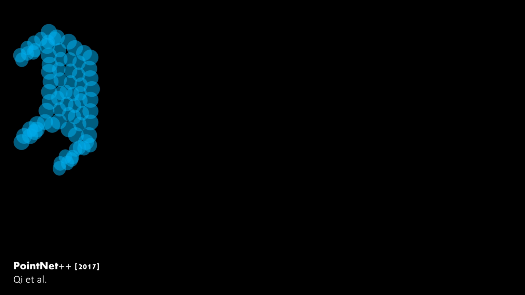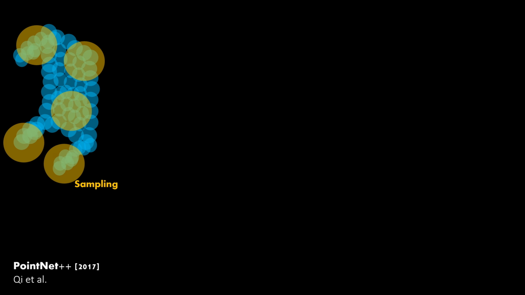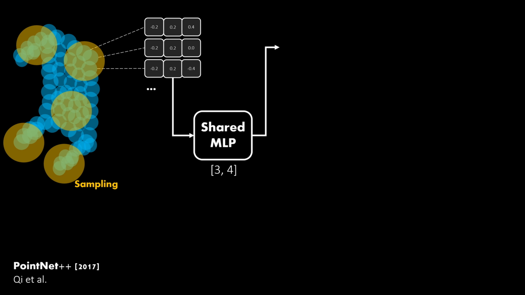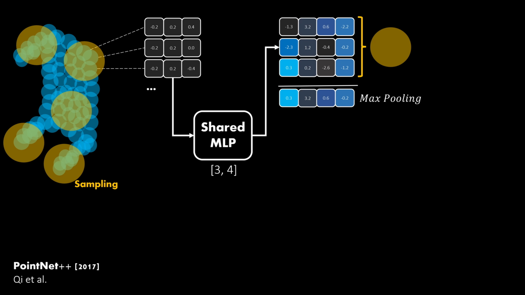The method begins with an algorithm called farthest point sampling to choose a subset of starting points. Then local areas around these centroids are selected and used to build groups of points. After that, the points go through a multi-layer perceptron transformation and are finally pooled according to their group membership.